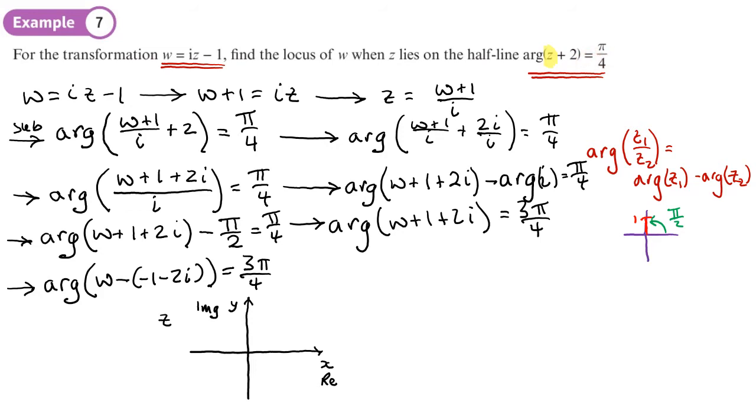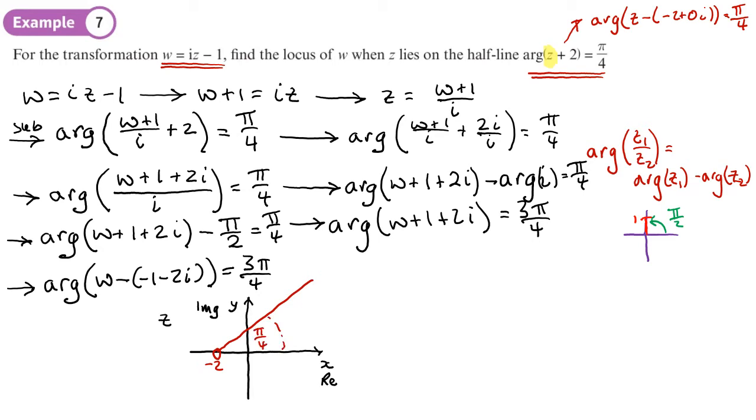It starts here at minus 2, because this is the same as argument of z minus minus 2 plus 0i. So that tells us where the half line starts, and it's an angle of pi over 4, which is 45 degrees.